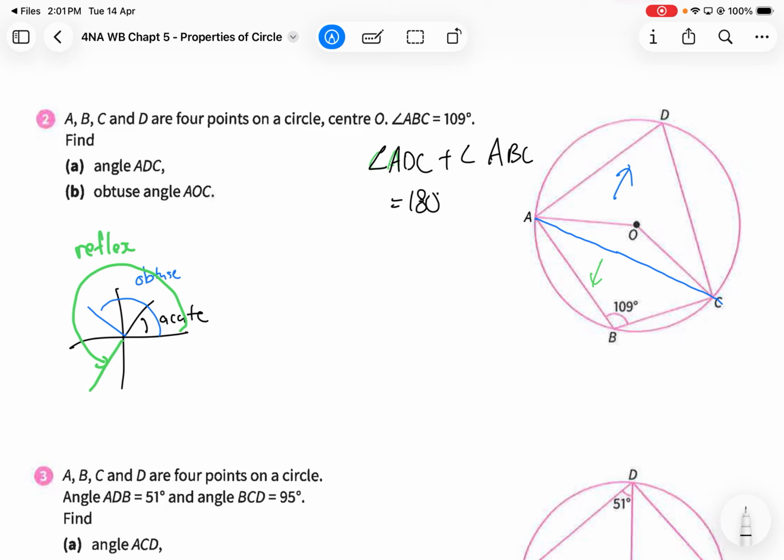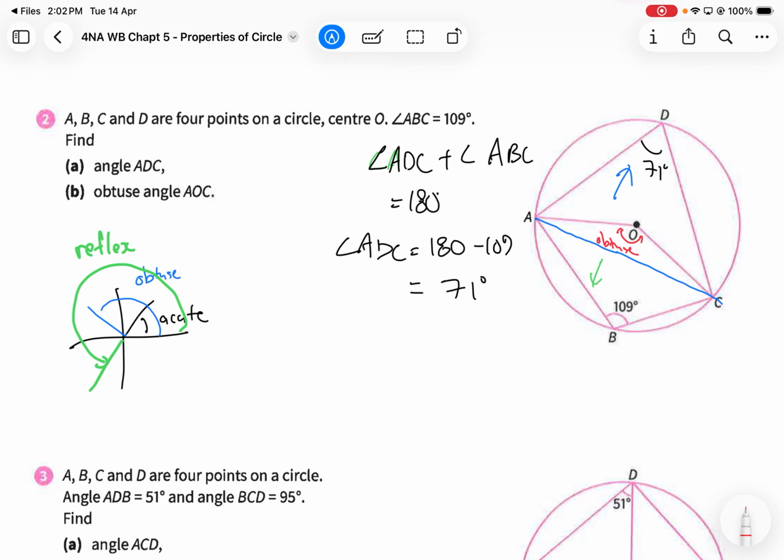After that, obtuse angle AOC. AOC is here. So if they want you to find this side of the angle, they will tell you obtuse. If they want you to find this side of the angle, they will ask you to find reflex. Okay? Here, if it is this side, this angle is obtuse.